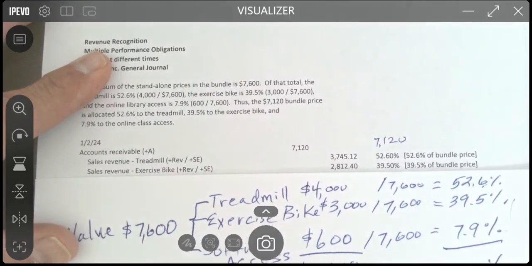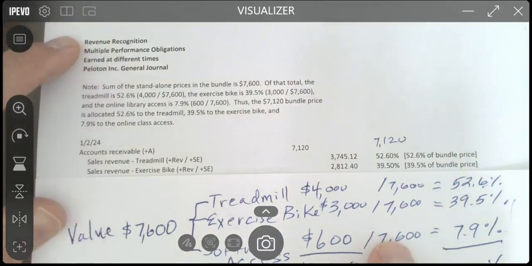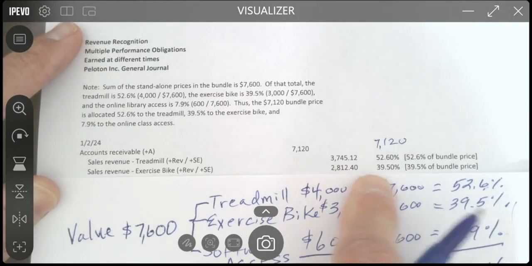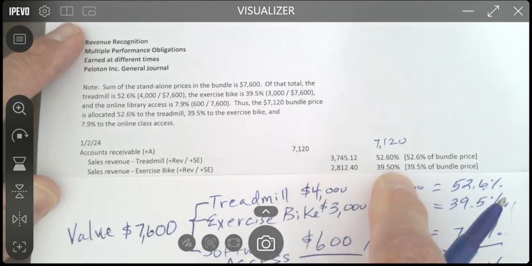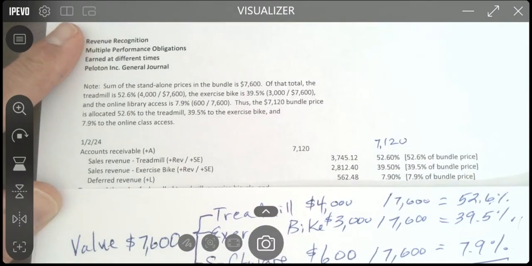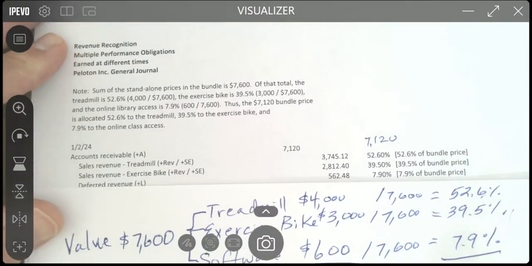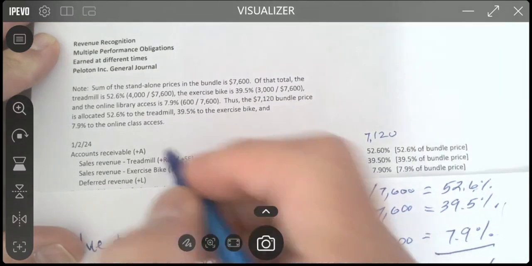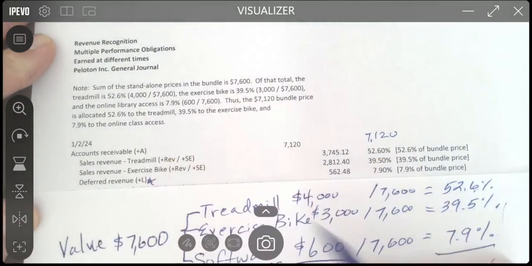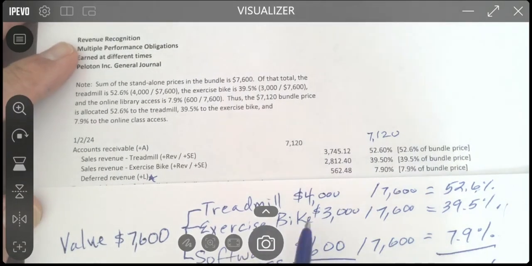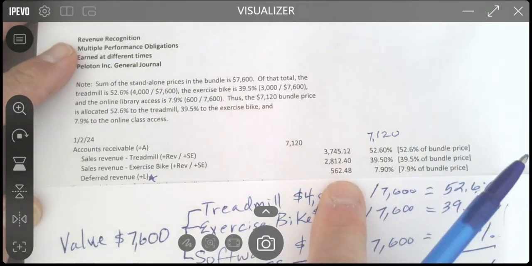The exercise bike, we don't allocate 3,000, we allocate $2,812.40, 39.5% of 7,120. And then remember, with the online library access, that's deferred revenue, a liability of $562.48 rather than $600, which is 7.9%.